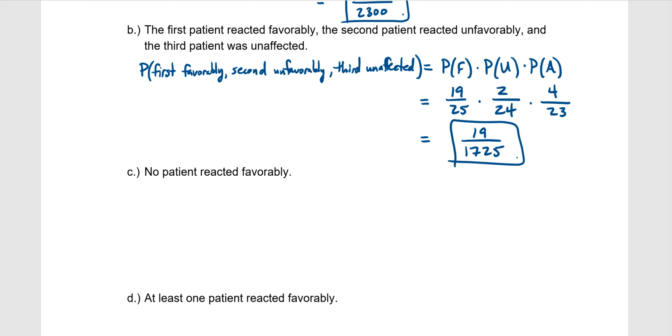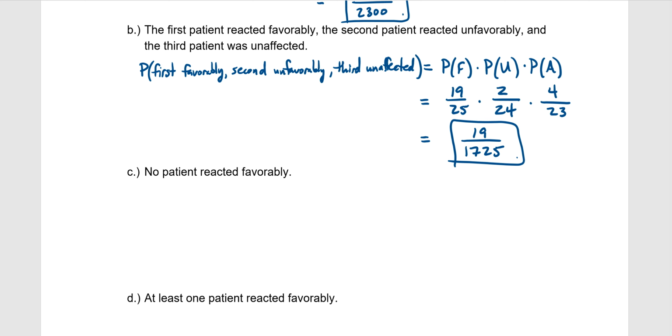Or once again, you can multiply it. It might be a little bit difficult to recognize how to simplify it at first. There's a way that you can simplify it before multiplying. You can recognize that we can actually simplify 2 over 24. We can simplify that first, and that'll give us 1 over 12. And then you can simplify the 4 with the 1 over 12 if you want and get 1 over 3.